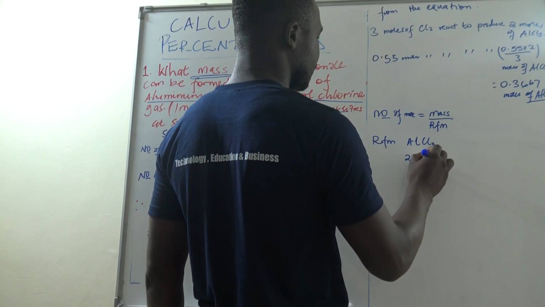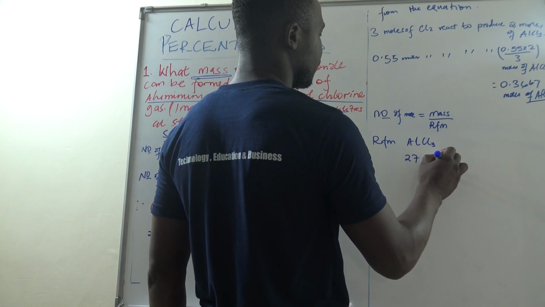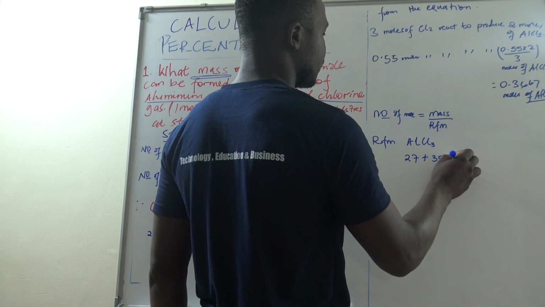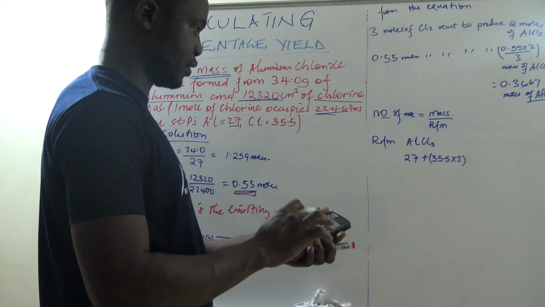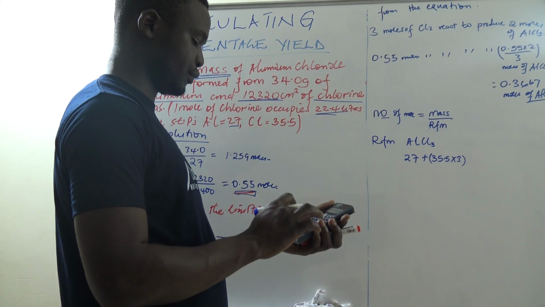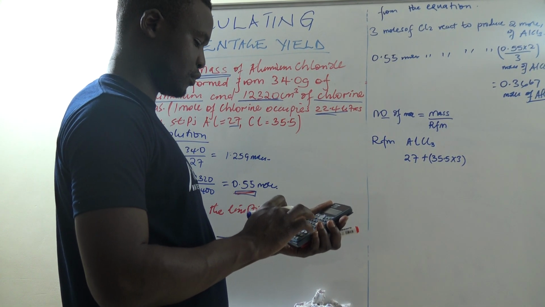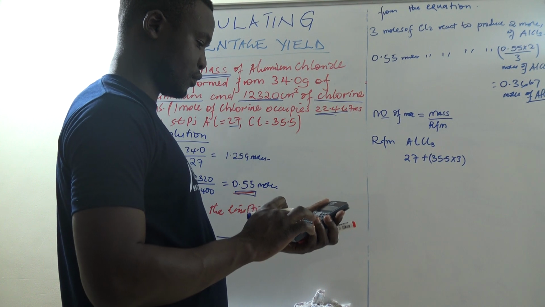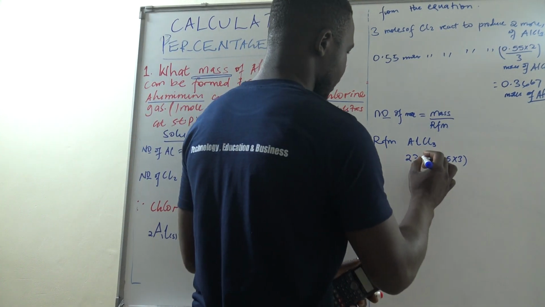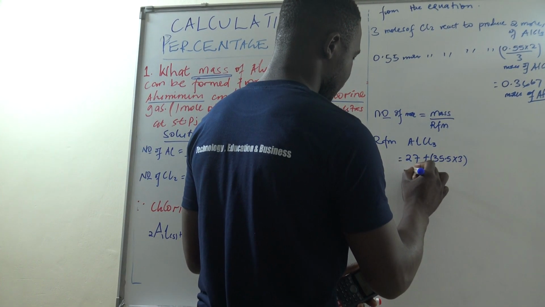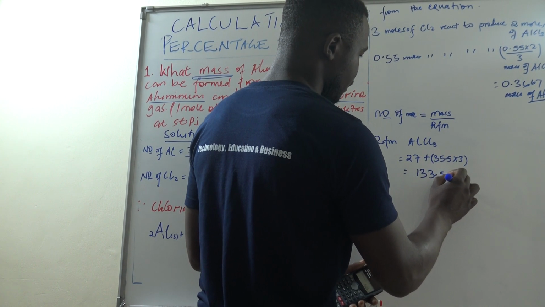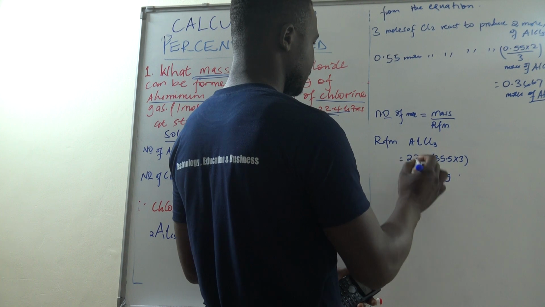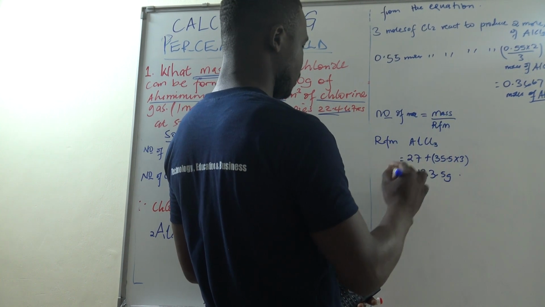Aluminium is 27 plus 35.5 times 3. So my RFM here gives me 133.5 grams.